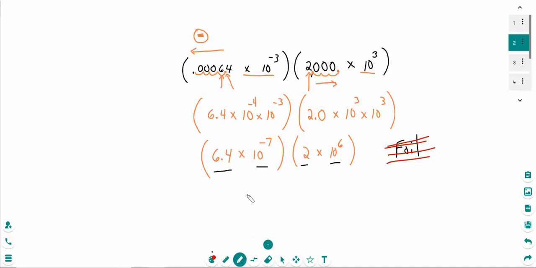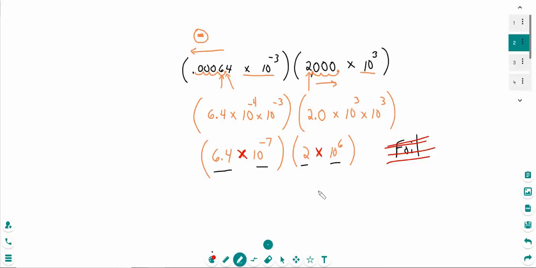Why are we not using FOIL here? Think about it. Well, the answer is because there is no addition. Everything is being multiplied here. We have a 6.4 and it's being multiplied by a 10 to the negative 7. We have a 2 and it's being multiplied by 10 to the 6th.